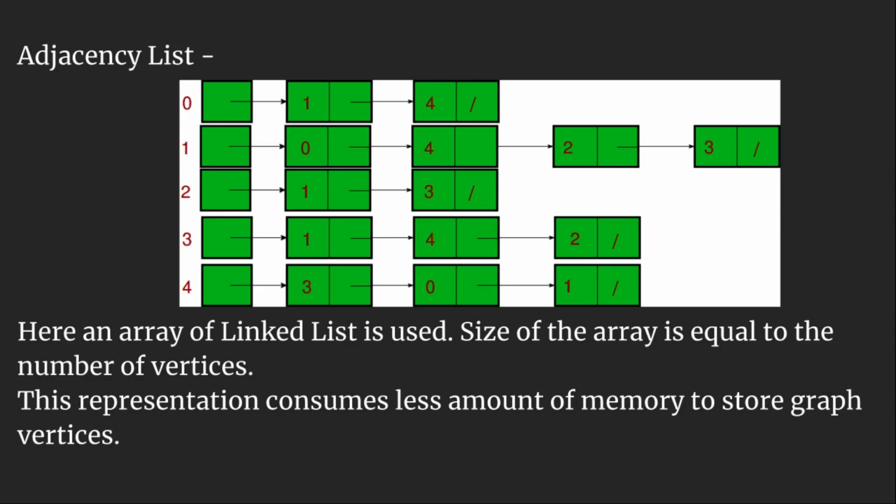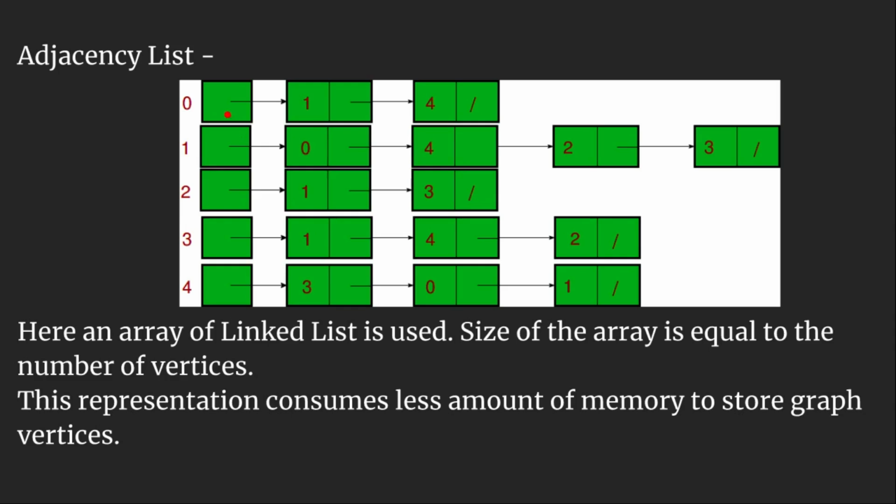The next representation is called the adjacency list. Here an array of linked lists is used. The size of the array is the same as the number of vertices of the graph. This representation consumes less memory to store graph vertices. The reason is, suppose we have these 5 vertices, 0 to 4.